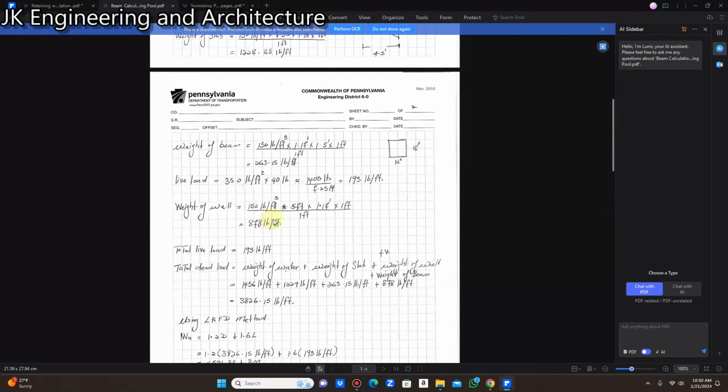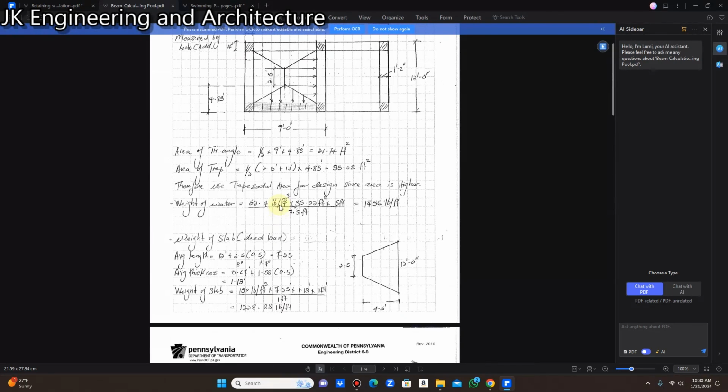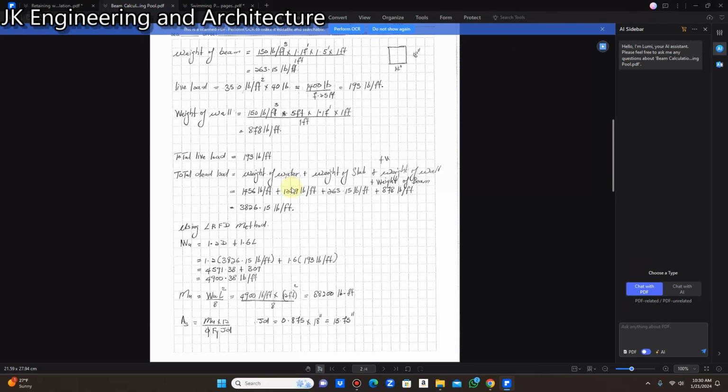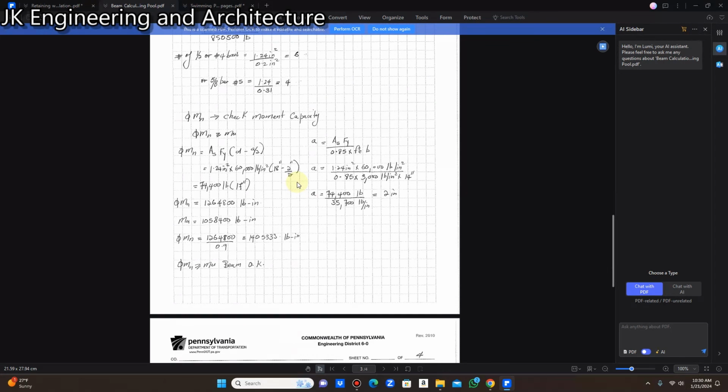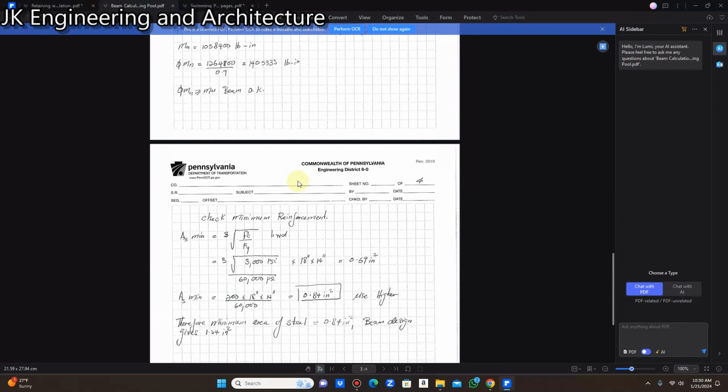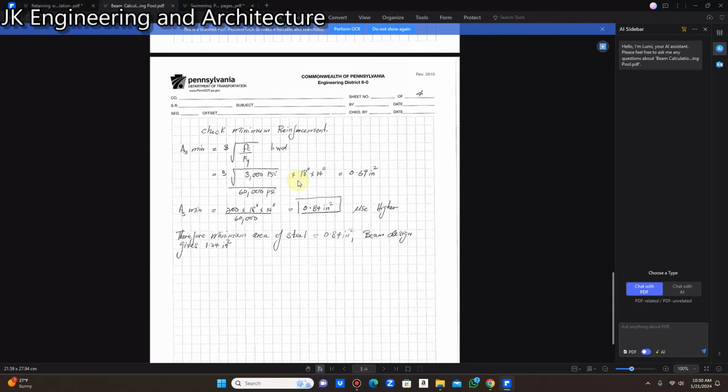So if you want, you can go through the calculation, right? I'm going to leave it in the description here. For those of you who want to learn or to see how I come up with the calculation, you can do that. So that is pretty much how I get my reinforcement for my beam.